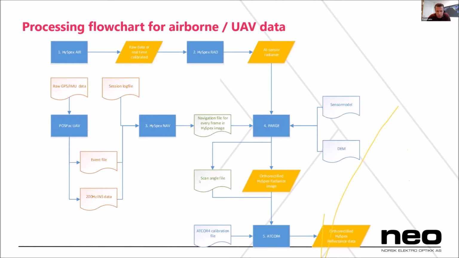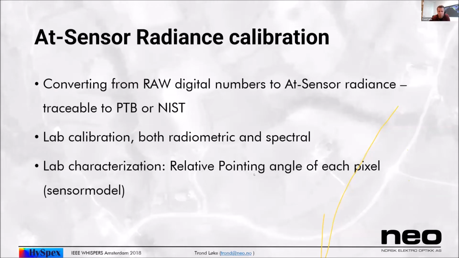So it does generate a scan angle file and so on. And then you can run ATCOR or DROACOR, which is the software for drone, and you can get reflectance data. At sensor radiance, so that's converting the raw digital numbers to the at sensor radiance traceable to PTB and NIST that I just described earlier.